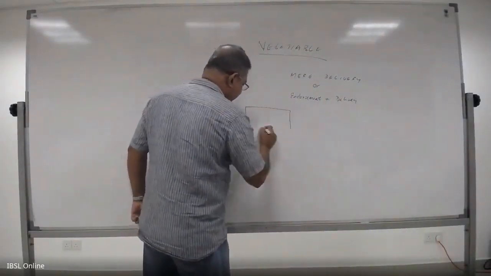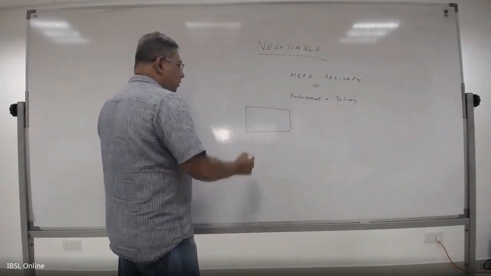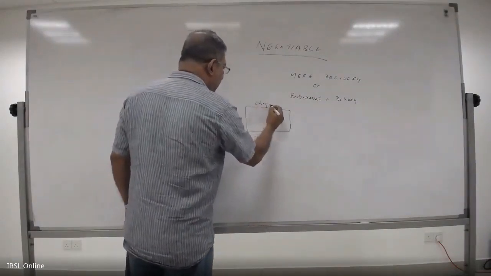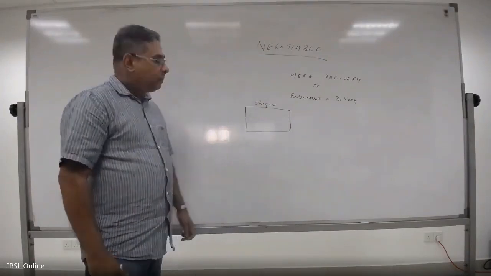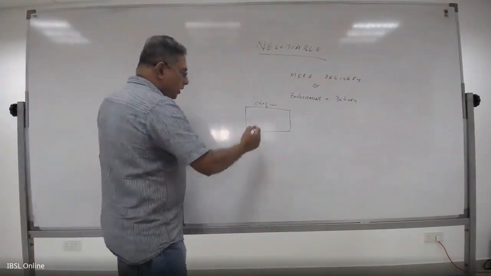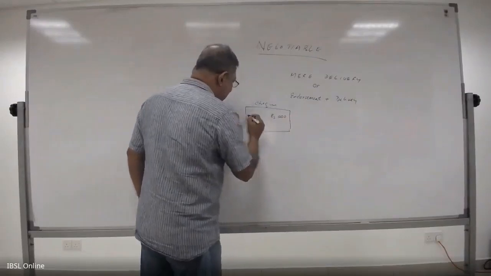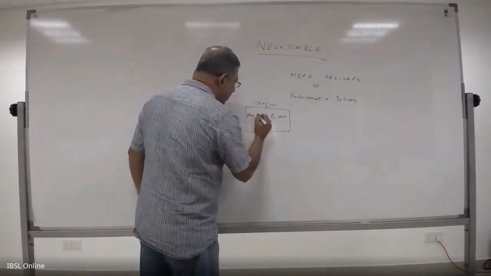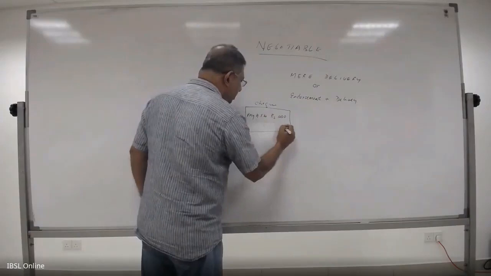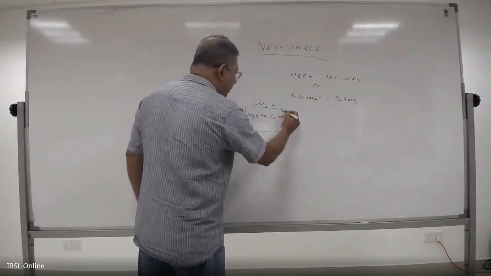now this is a check. Everybody has seen checks, right? This is a check. So there's the amount in here, rupees 1,000. We say pay A Fernando, signed, and dated.